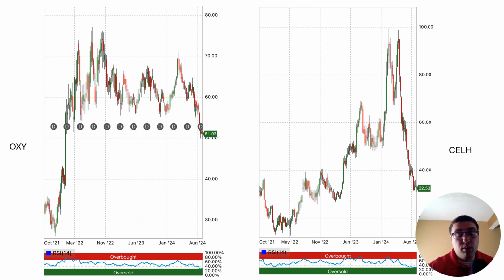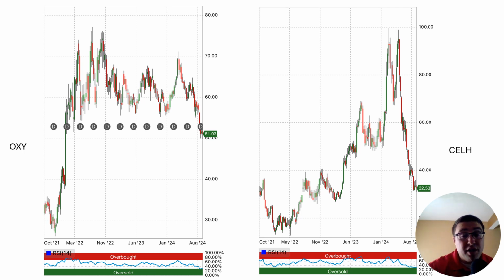Oxy, for example, I've actually been slowly buying now. And the RSI is going to work best with cyclical stocks. So if you kind of track Oxy over this 1 year period, see where it touches or gets close to overbought, use the peak of the chart. Likewise, when it's close to oversold, use your bottom. RSI is a very strong indicator for cyclical stocks.